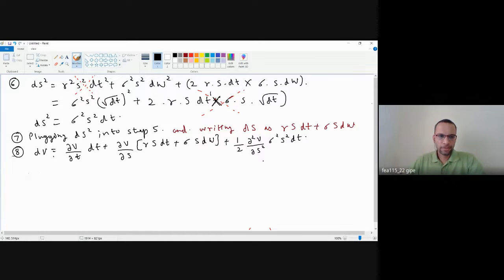So I can say dv is equal to ∂v/∂t. Let me keep this dt common. Plus, I'll just open up the brackets and move the dt's together. Plus rs ∂v/∂s plus this last term 1 by 2 sigma square s square, I'm sorry, into ∂²v/∂s² as well.